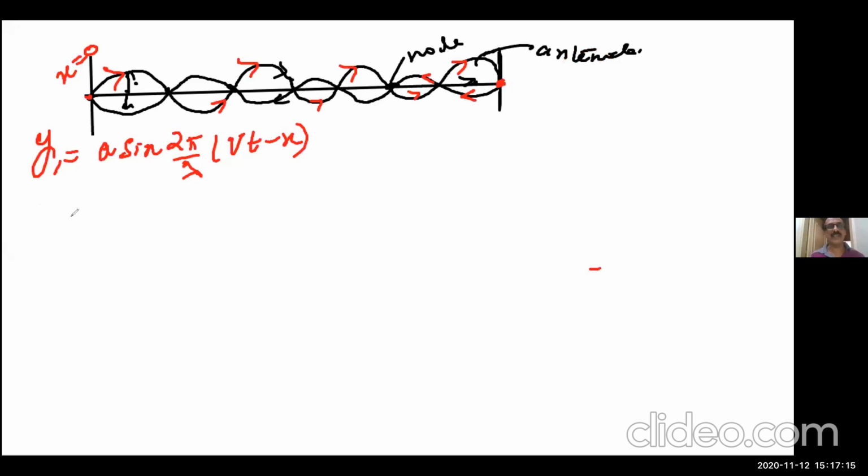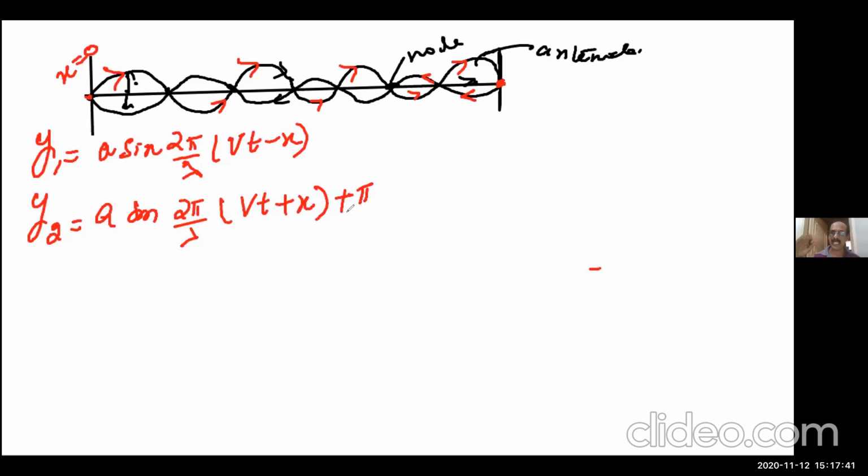Then this reflected wave can be written as y2 is equal to a sine 2 pi by lambda (Vt plus x). See, it's coming towards back, so plus x, and plus pi. That additional phase we have to add here. If it's lagging, we have to add. If it's ahead, we have to subtract.